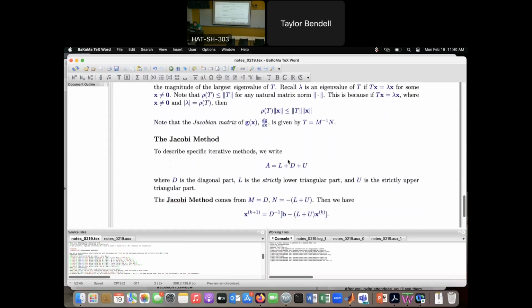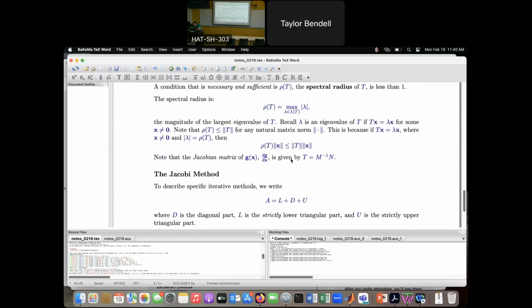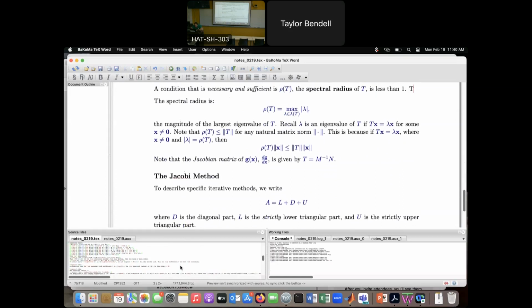The fact that we want the spectral radius or a norm of the Jacobian matrix to be less than 1. Okay, so this is consistent.